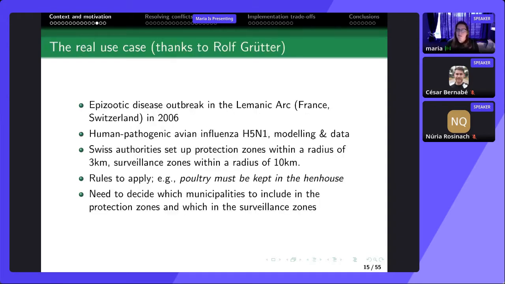They are not just hypothetical examples. I had a real use case with my collaborator, Rolf Grüter, from BSL in Switzerland, for an epizootic disease outbreak where such issues came up. It had to do with avian influenza from a while ago that turned out to be quite relevant.